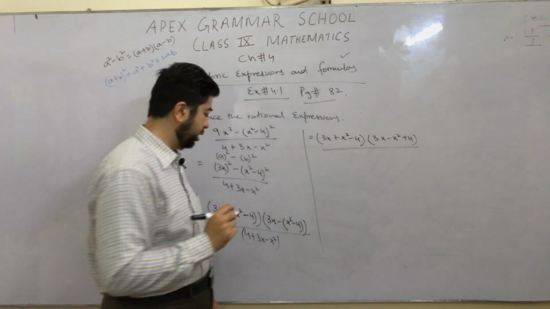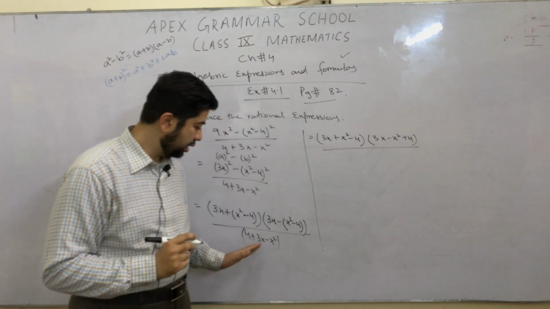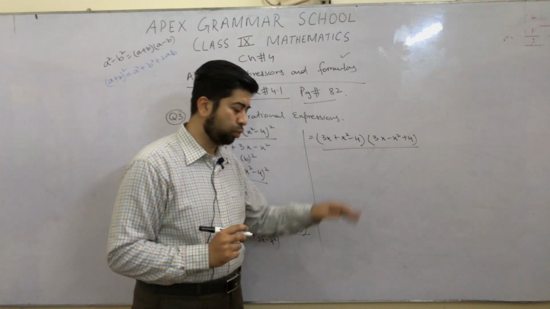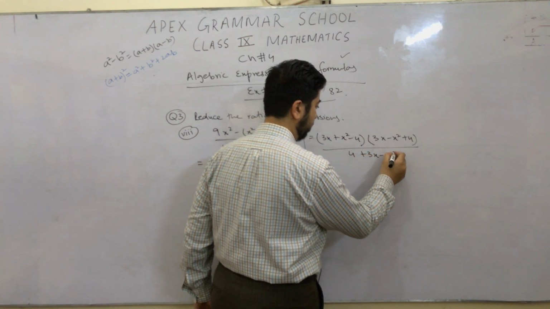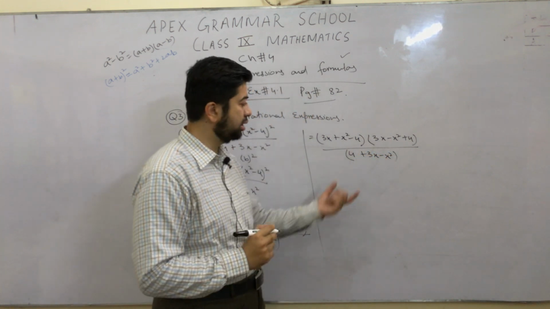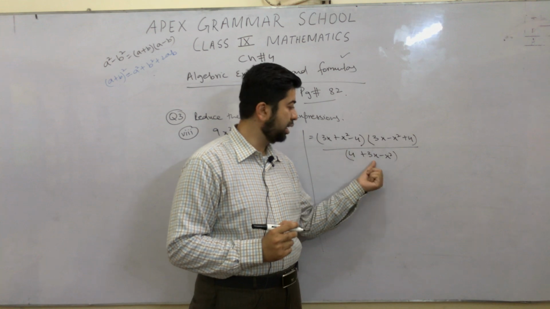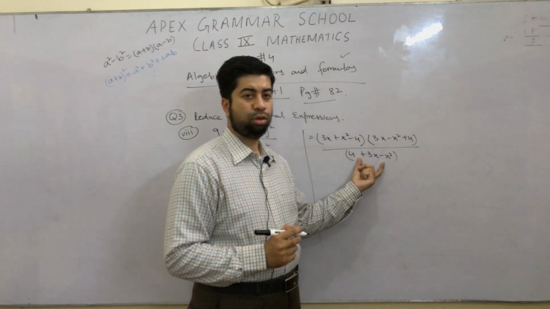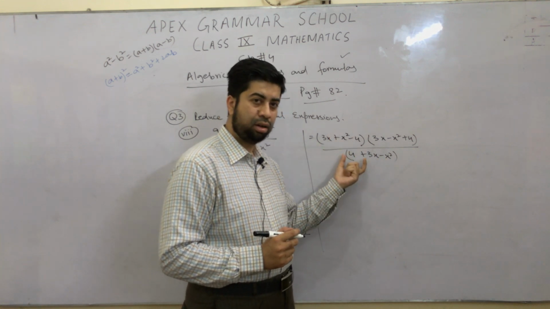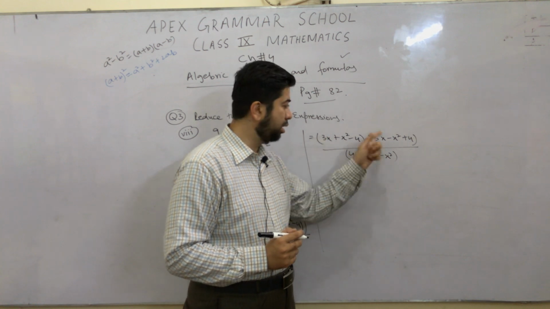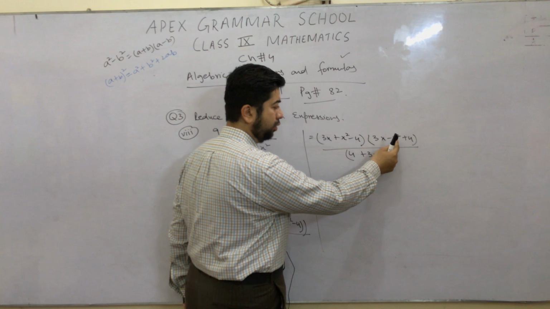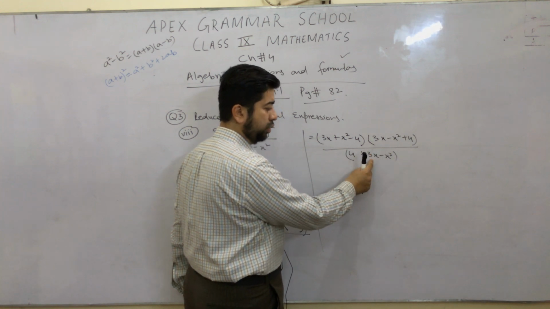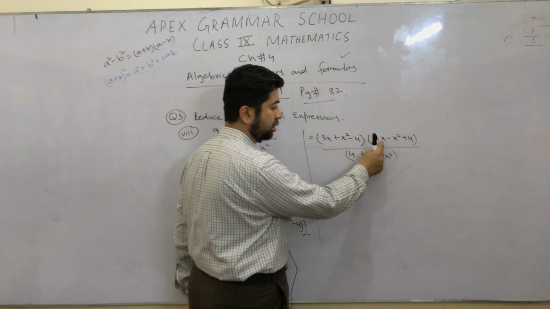And in the denominator, you can see which thing is similar: 4 plus 3x minus x square. Can you see anything similar to this one in the numerator? Just see it. The sign of x square is negative here, and negative here. The sign of 3x is positive here, and positive here.